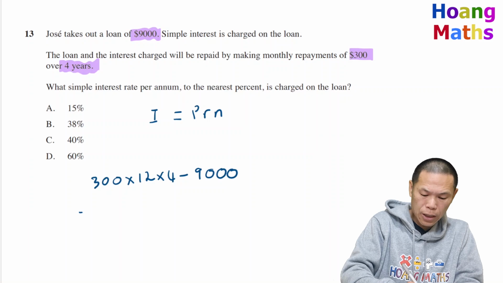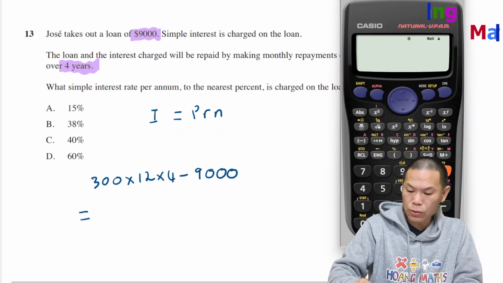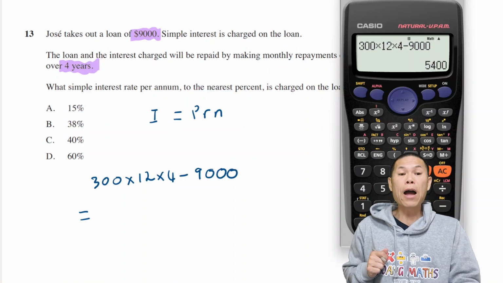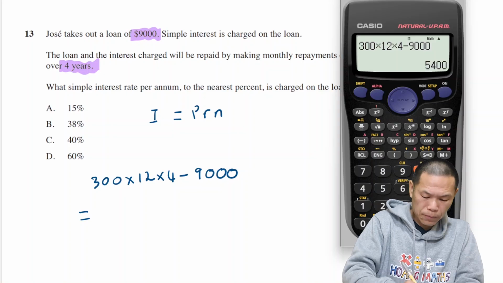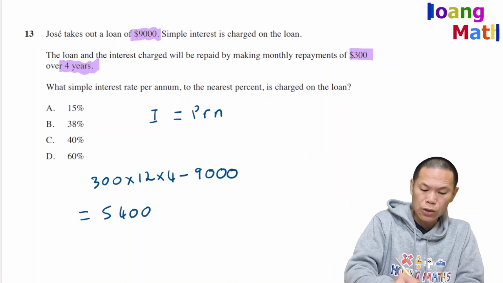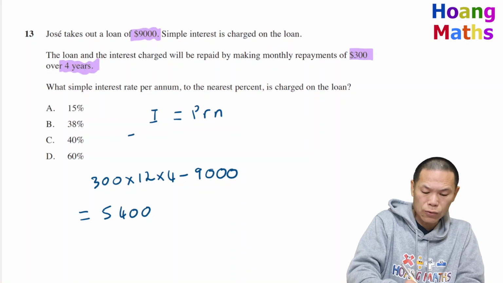So just go 300 times 12 times 4 minus 9,000. That is $5,400.